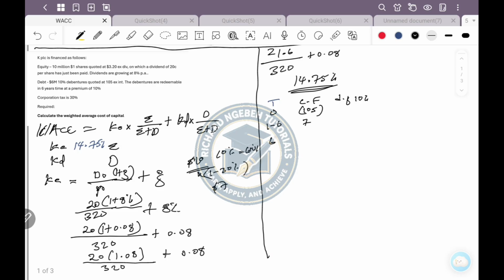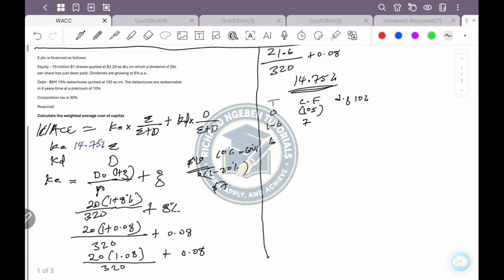But remember, you are told that this debenture after 6 years they are redeemed at a premium of 10%. So if it is at a premium, it means it exceeds the nominal value, which is 100%. If it was at a discount, it means it's below the nominal value.